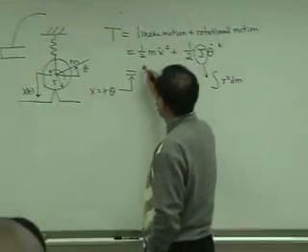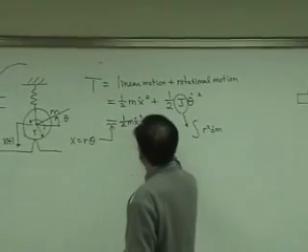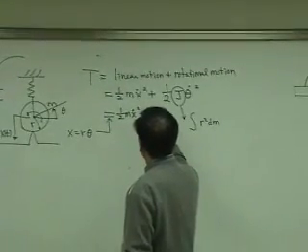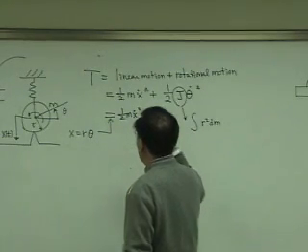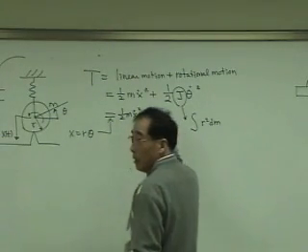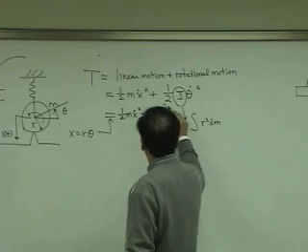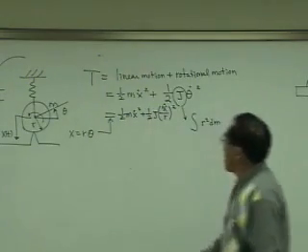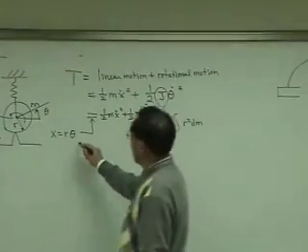And I can write this as 1/2 m x dot squared plus 1/2 J (x dot over r) squared. Okay? What about the potential energy?